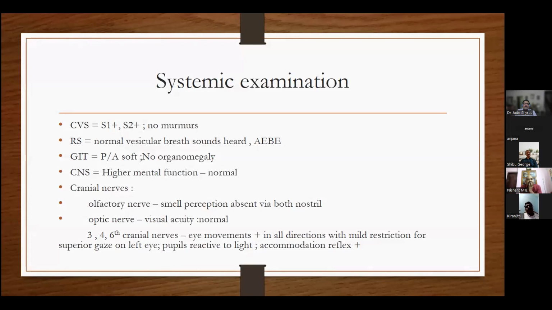Why is it important here? Compression of the optic nerve. That's it. When there is a lesion compressing the optic nerve, you have to look for RAPD. How do you look for RAPD? RAPD is relative afferent pupillary defect. How do you look for that? What's the name of the test?